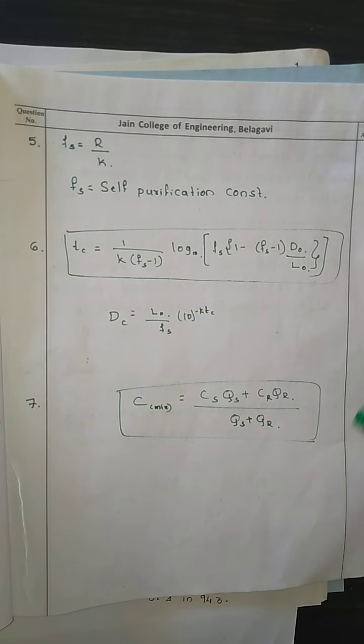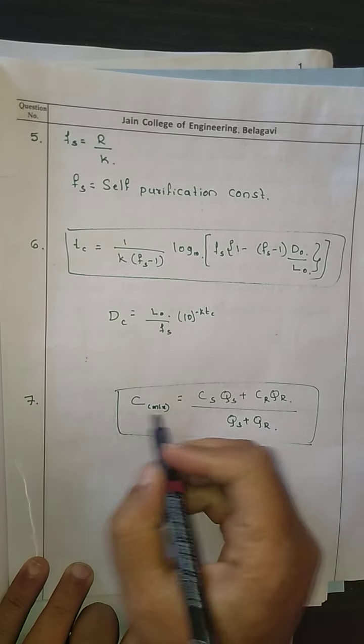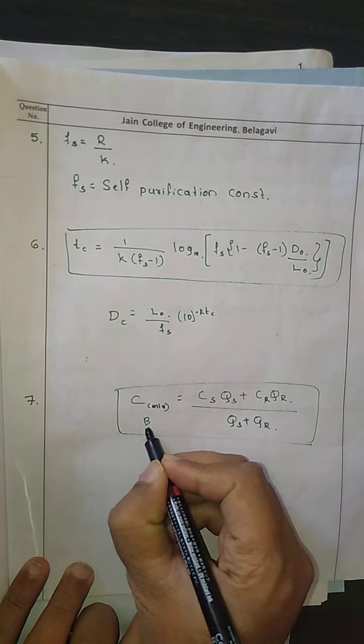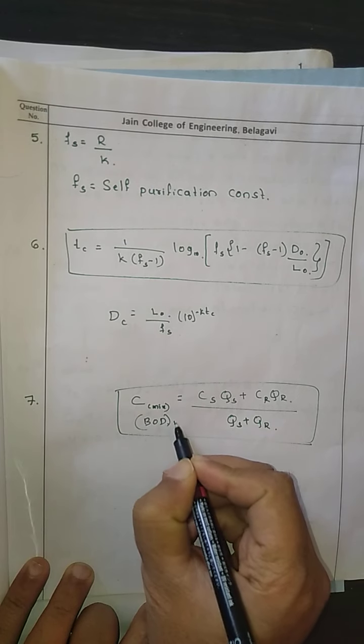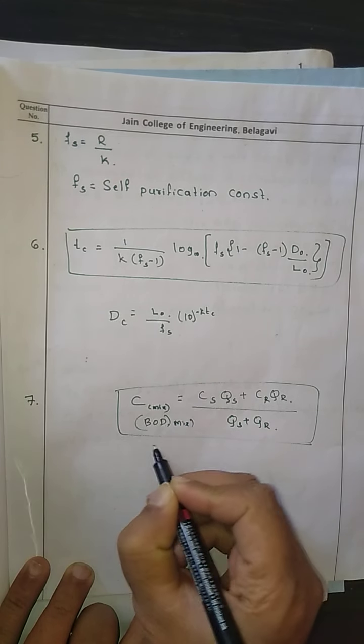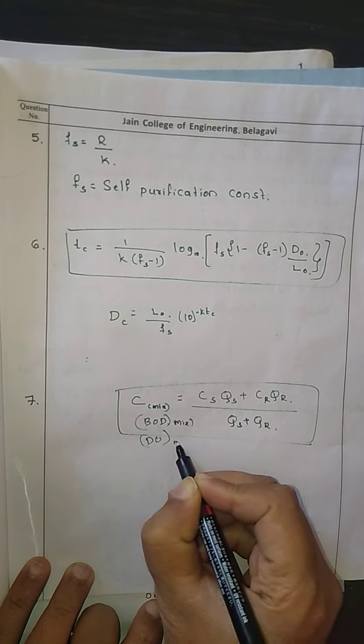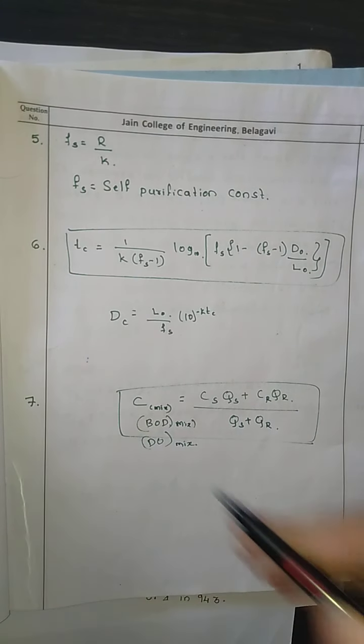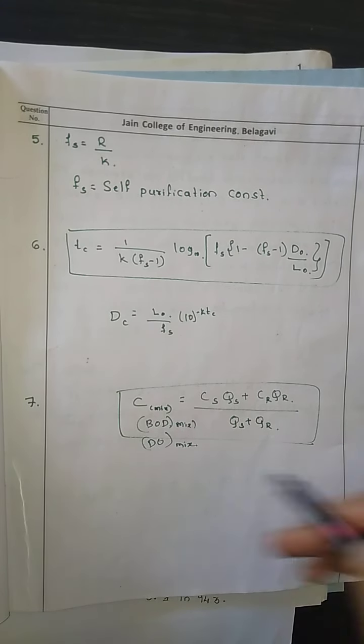When we mix them together, we get a new concentration. We use this particular method to find out the BOD of the mix and the DO of the mix. We can find the BOD of the mix and the DO of the mix by using these formulas.